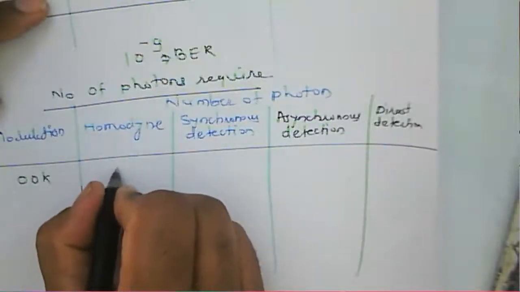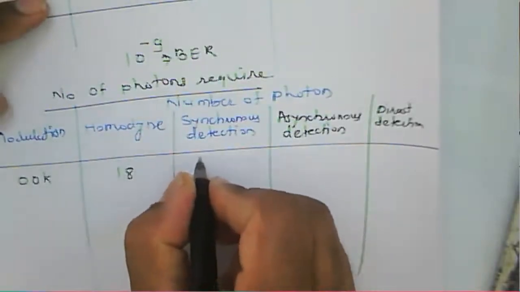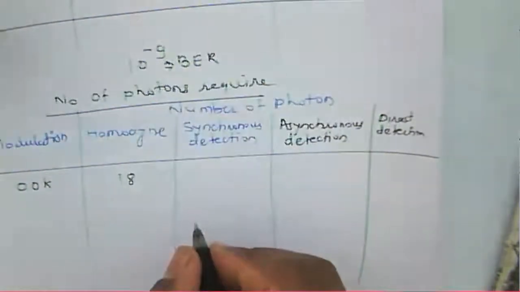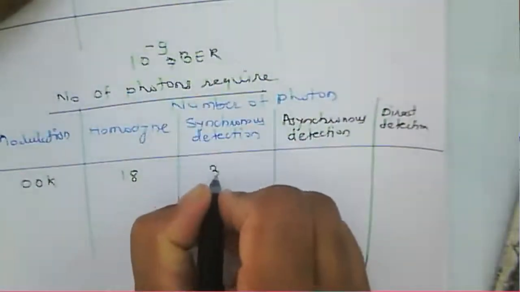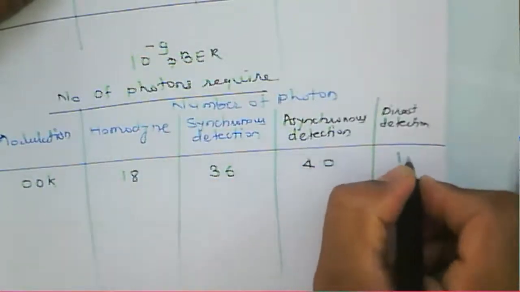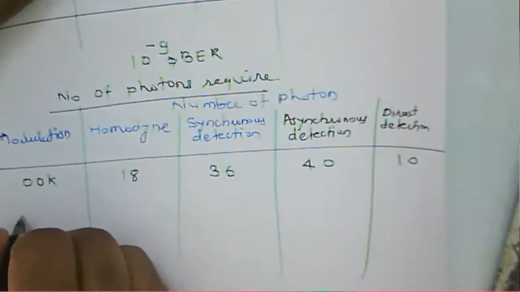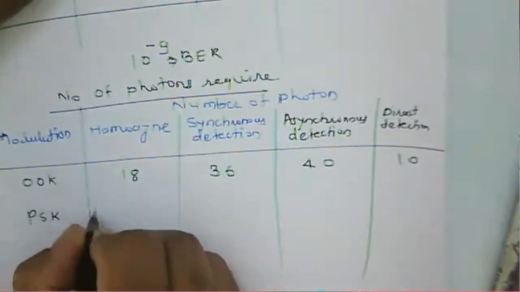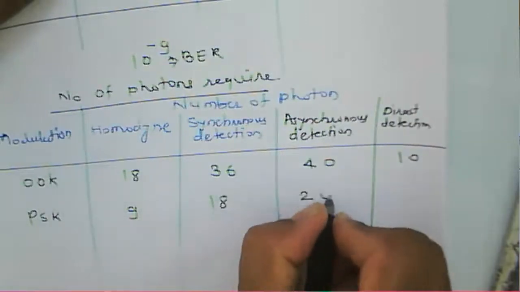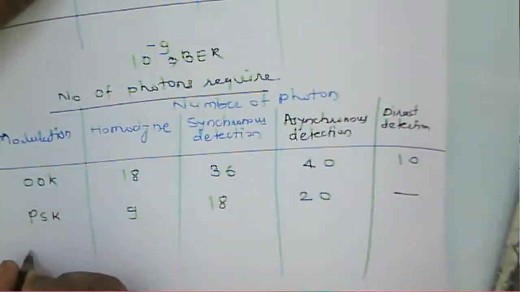Okay, so now on-off keying. If it is homodyne, we require 18 photons to generate 10 to the power minus 9. Here for synchronous detection 36, 40. Then for phase shift keying it is 9, 18, 20, no direct detection.